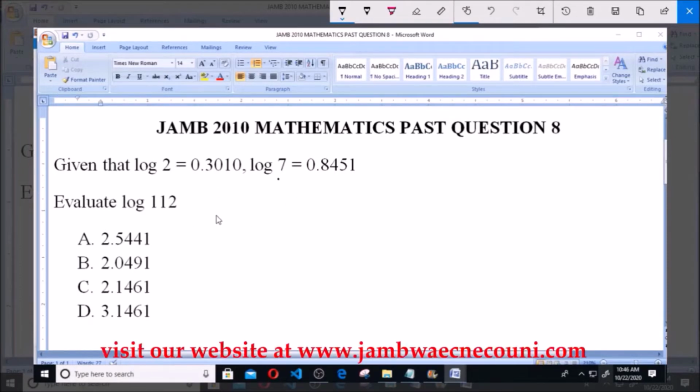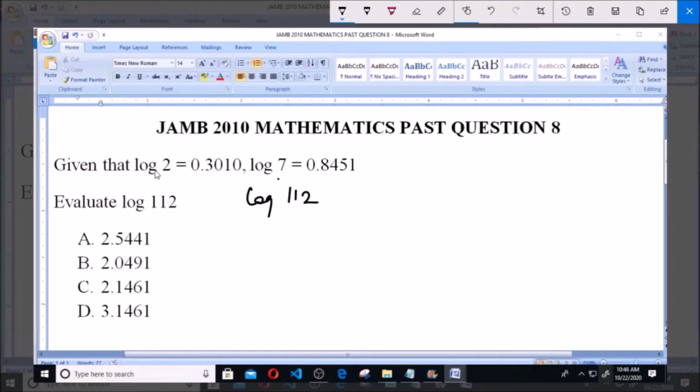Alright, so now we are given log 112 and we have to estimate it, given that log 2 is this and log 7 is this. Now log 112 is equal to log 16 multiplied by 7. 16 multiplied by 7 is equal to 112.